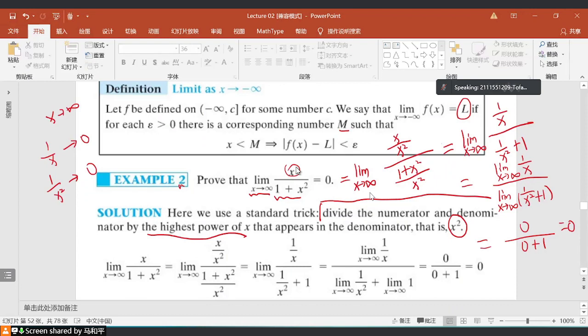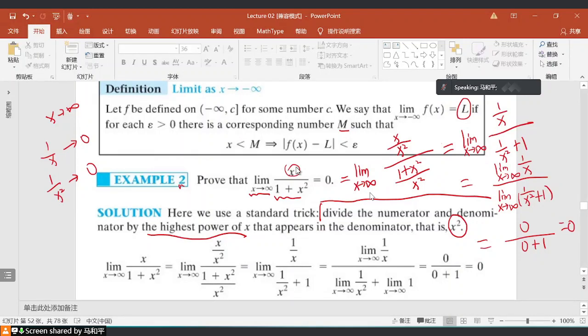We should divide by the highest power of x in both the numerator and the denominator.